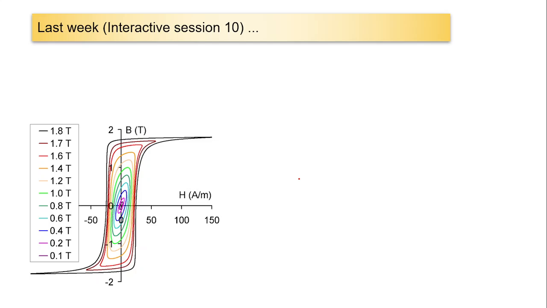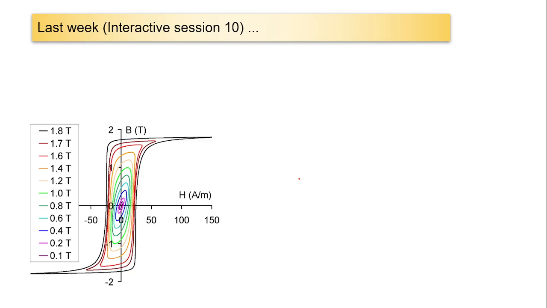In the lecture, the things that were discussed were some basic terminologies when we start discussing magnetic properties of any material: terms like magnetization or magnetization field, magnetic field induction, permeability, and susceptibility.